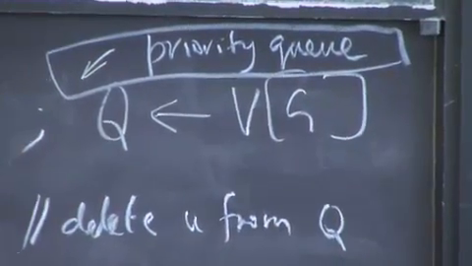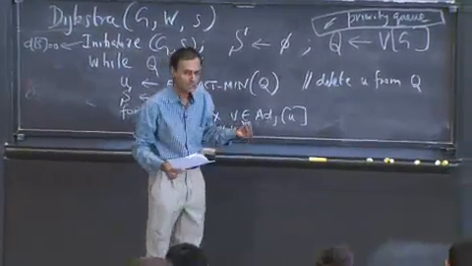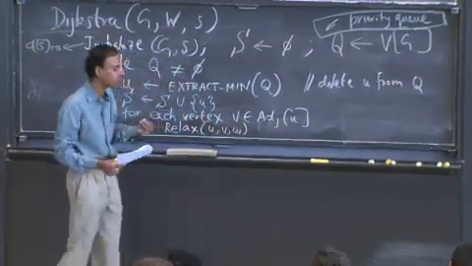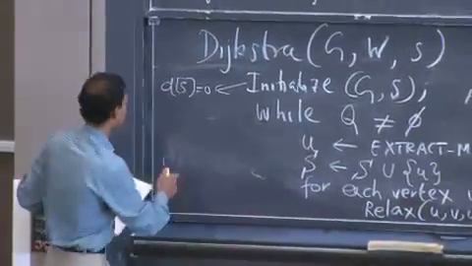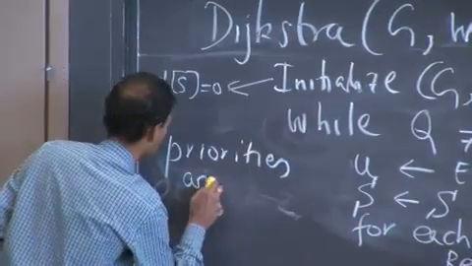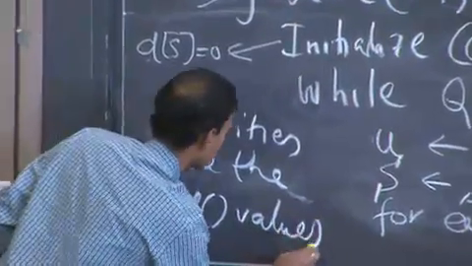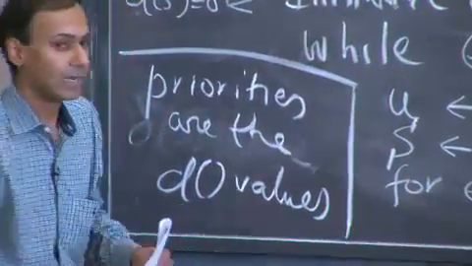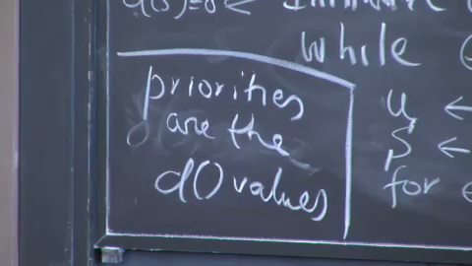But as an ADT, an abstract data type, think of Q as being a priority queue. There are priorities associated with each vertex that's in Q. These priorities change, and they're the d values. Initially, d of s, small s, is 0, and all of the other ones are infinity.